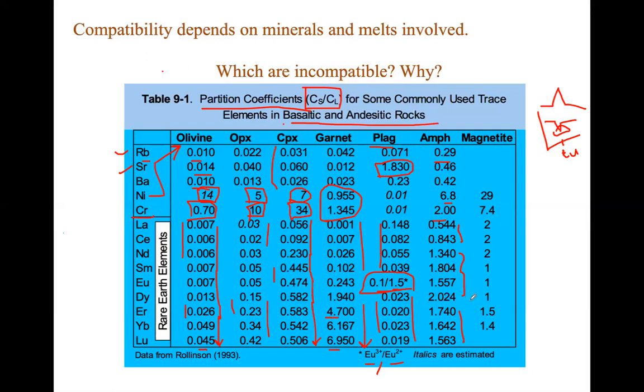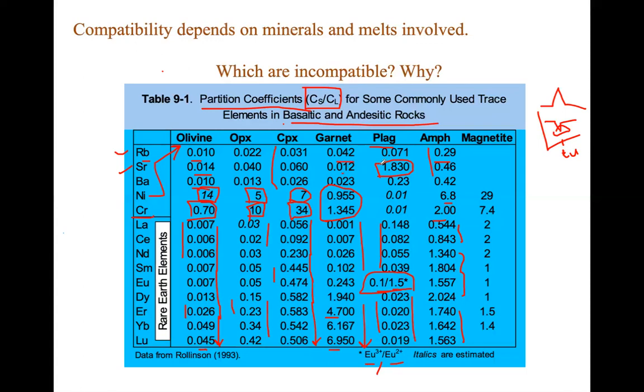This is also almost one, isn't it? Almost all the trace elements have a comparatively better preference for amphibole compared to other phases, because even garnet has 0.04 or 0.01, something like that.